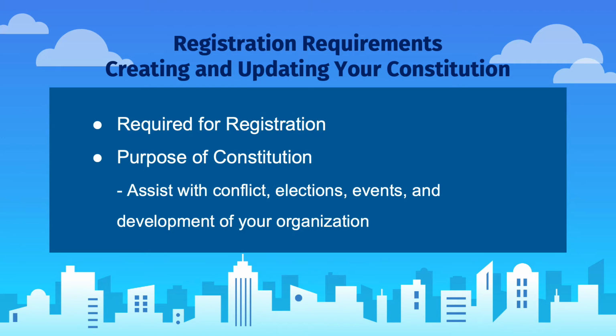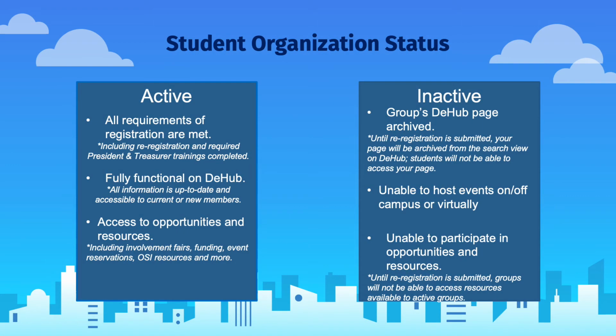Student organizations remain under two different statuses within the community, active or inactive. Active groups will have completed the necessary requirements for annual registration. Re-registration is successfully completed when student organizations have submitted the form via their DHub page and the president and treasurer of the group have completed this training.